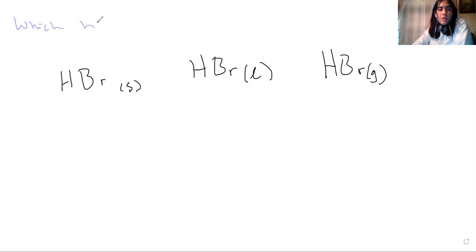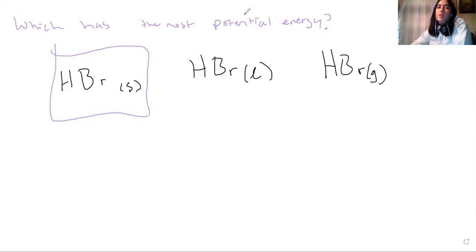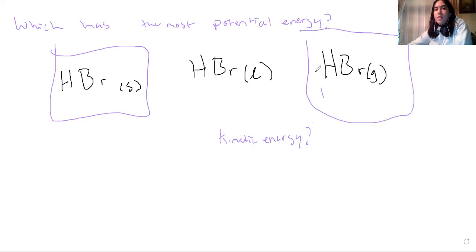Which has the most potential energy? If you said HBr solid, you would be correct. Now for the kinetic energy, if you said HBr gas, you would be correct. HBr liquid has a mixture of both. So let's go and do something else.